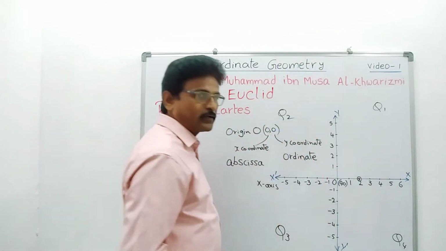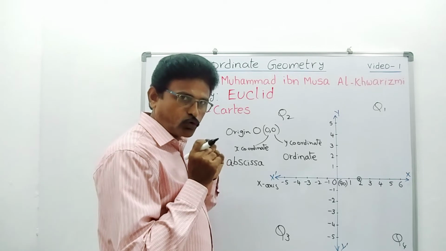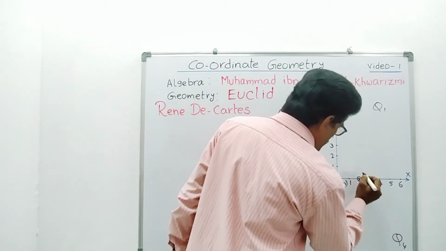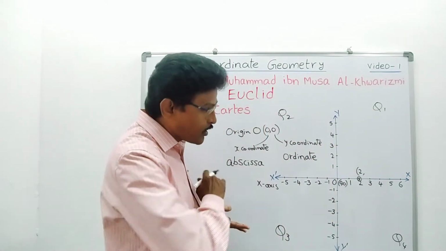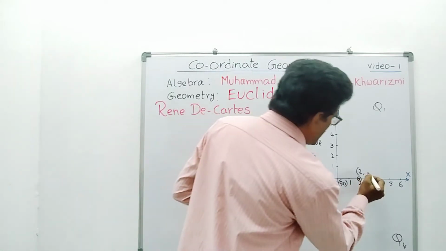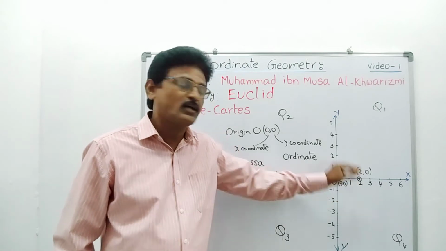What is this point? In coordinate geometry we represent it by two numbers. First number, what is x? It is 2, right? 2, comma. Next, what is the value of y? On the x-axis, the y value is 0. Okay, (2, 0). Like that we can represent this point, (2, 0).